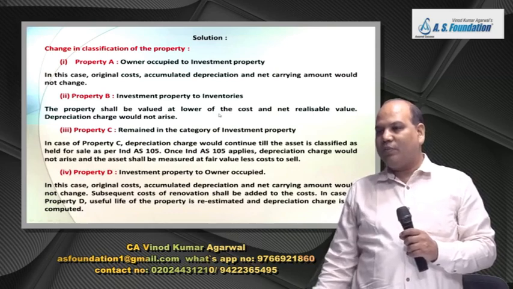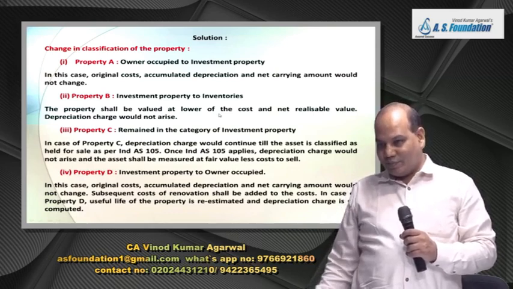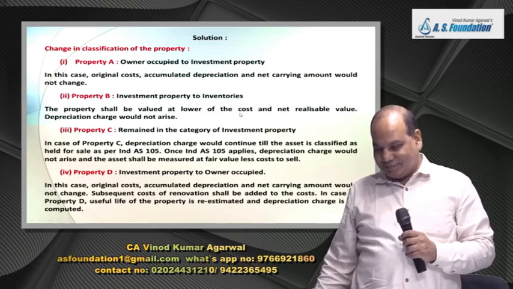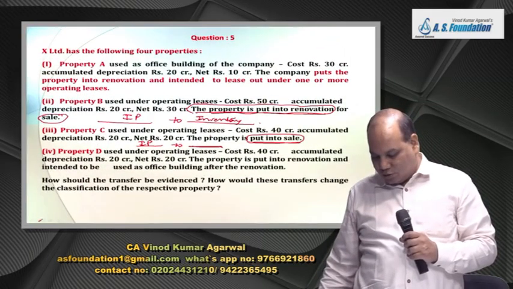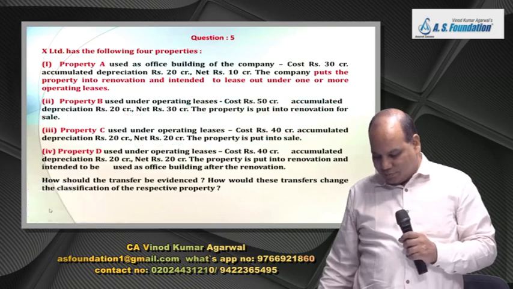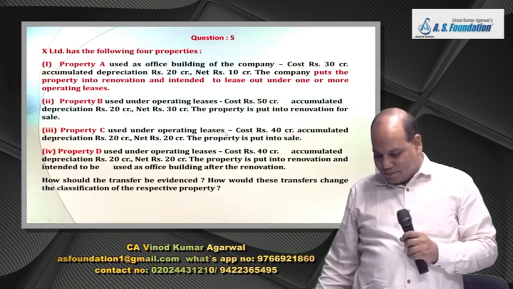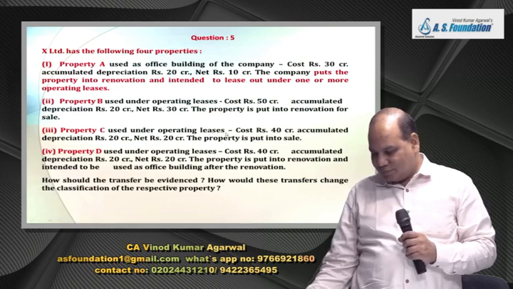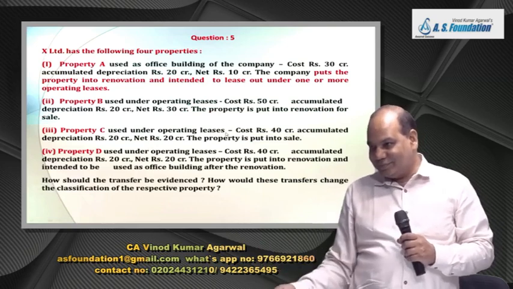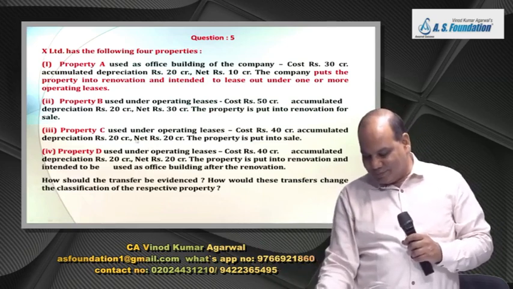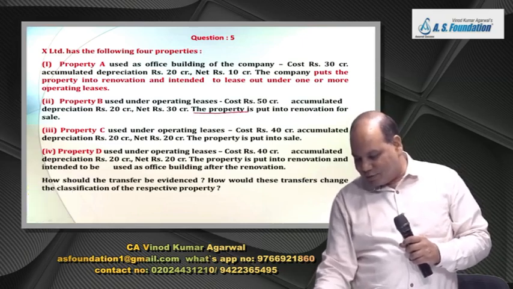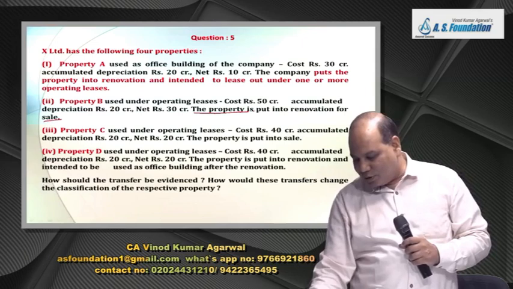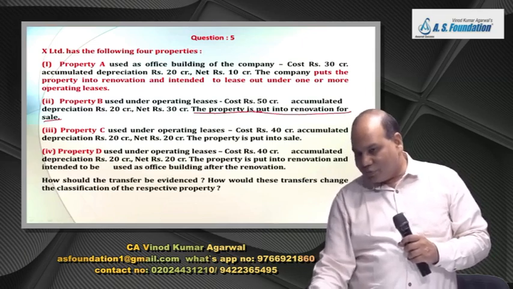Why not PPE? Because it is not satisfying the conditions for disposal for sale, and PPE is not an investment, a broader concept. But now it is going to be sold, so it will be renovated and sold.